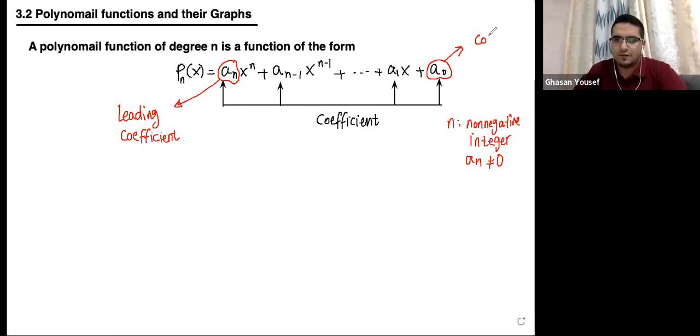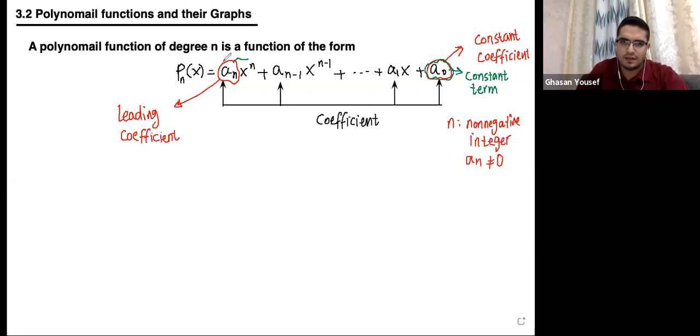I'm also going to use this definition, the constant coefficient. It's also called the constant term at the same time. This is called the constant term also.